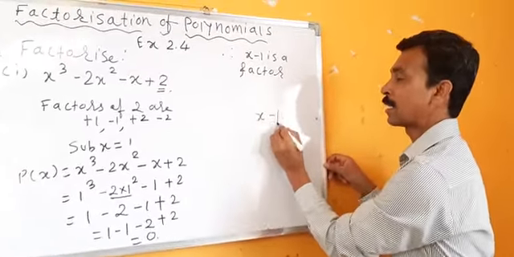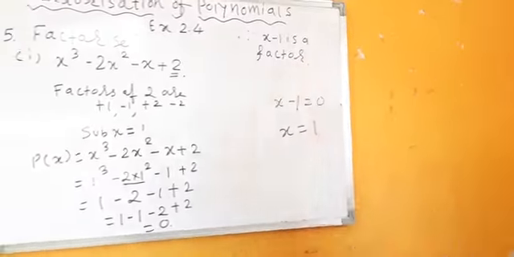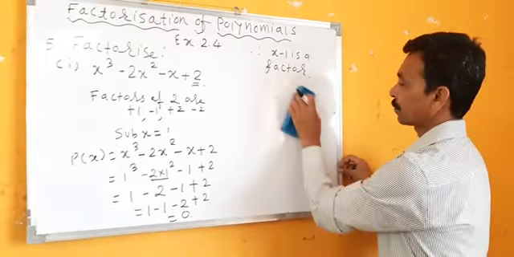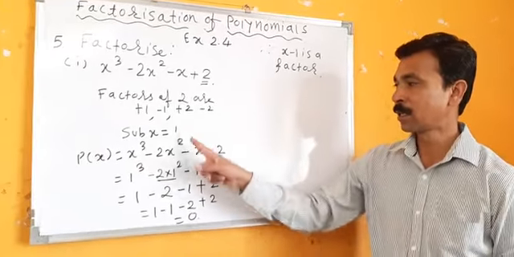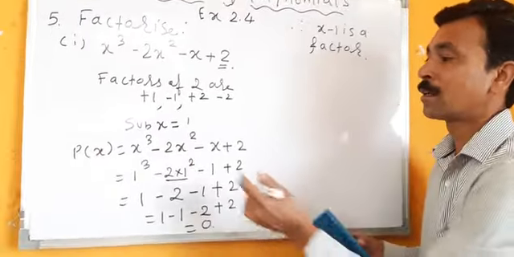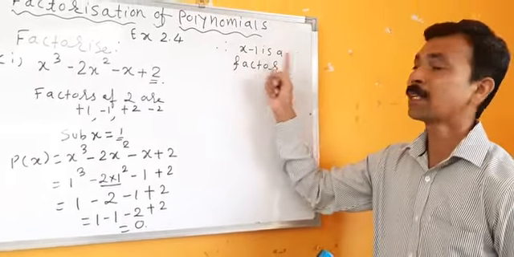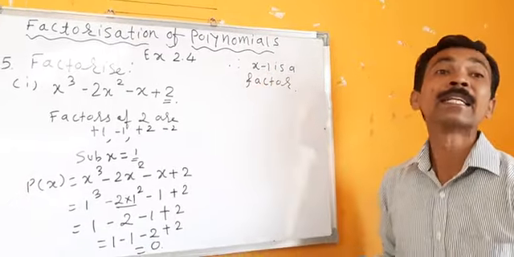We have seen in the previous sums, x minus 1 is equal to 0, so x is equal to 1. So here we have got the remainder 0 when we placed x is equal to 1. So what is the factor? X minus 1. If it is positive, you have to take it as negative.